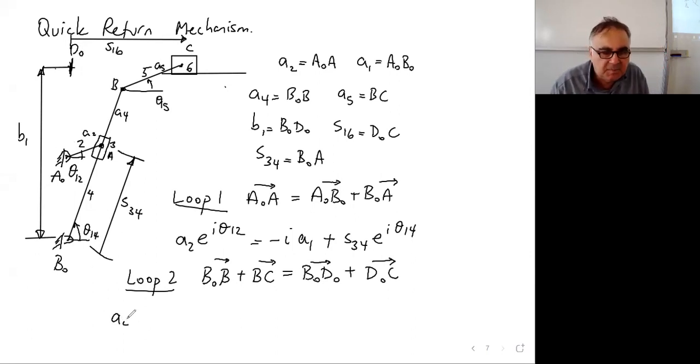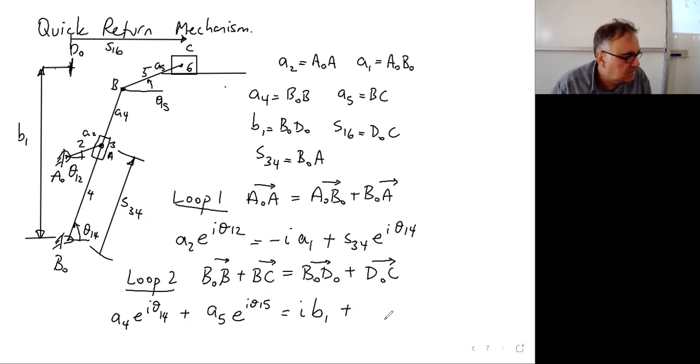So it is A4 e to the i theta 1,4 plus A5 e to the i theta 1,5 equals iB1, B1 is a constant, plus S16.